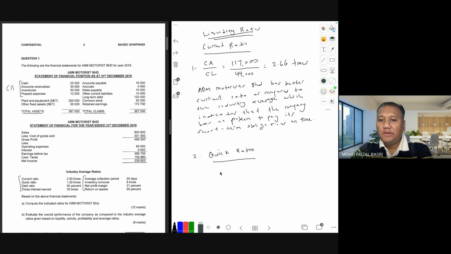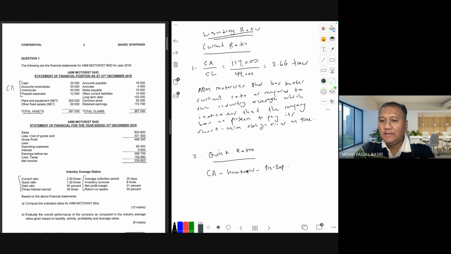Okay, so formula dia, for quick ratio, quite similar like this one, cuma for the current assets ni, total current assets, you have to minus inventories and minus prepaid expenses.